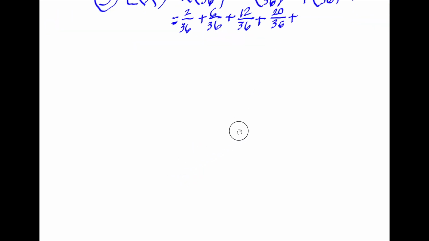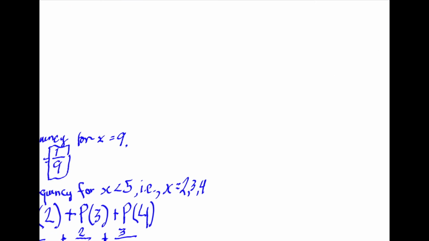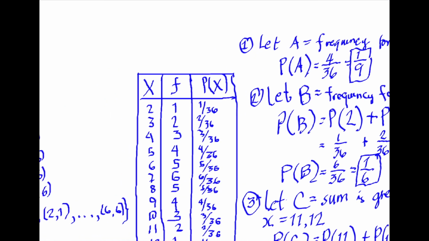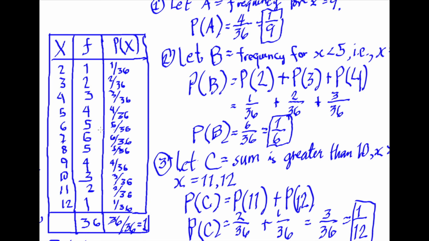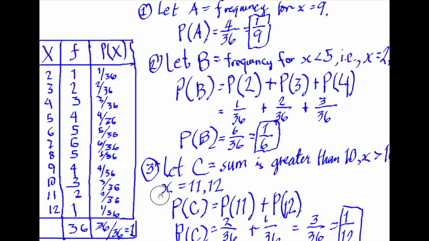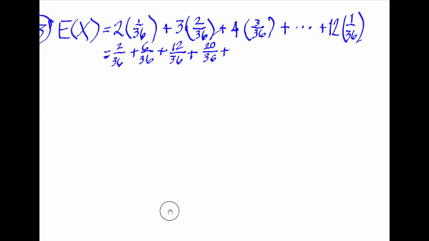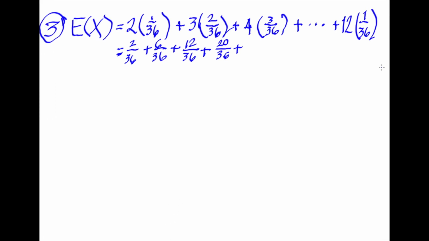Let us check here. This is 6 times 5 over 36, 7 times 6 over 36. 6 times 5 is going to give us 30 over 36. And then 6 times 7 is going to give us 42 over 36.